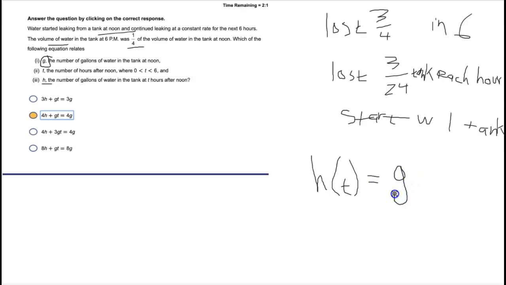So we start with G gallons. And every hour, each hour, we lose 3/24 of a tank. Oh, I hope you don't mind if I reduce that to 1/8.